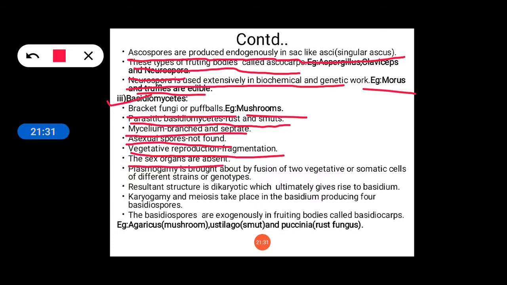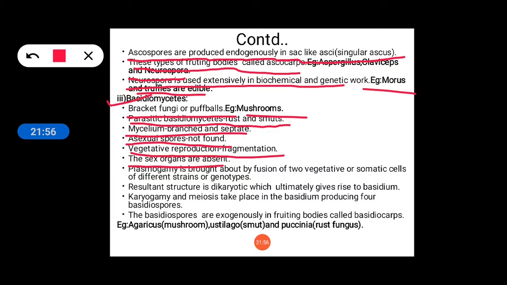Okay. Plasmogamy is brought about by fusion of two vegetative or somatic cells of different strains or genotypes. Here plasmogamy, that is the fusion of the protoplasm, is brought about by the fusion of two vegetative or somatic cells. Two vegetative cells may come together to fuse their protoplasm, or two somatic cells may come together to fuse their protoplasm.